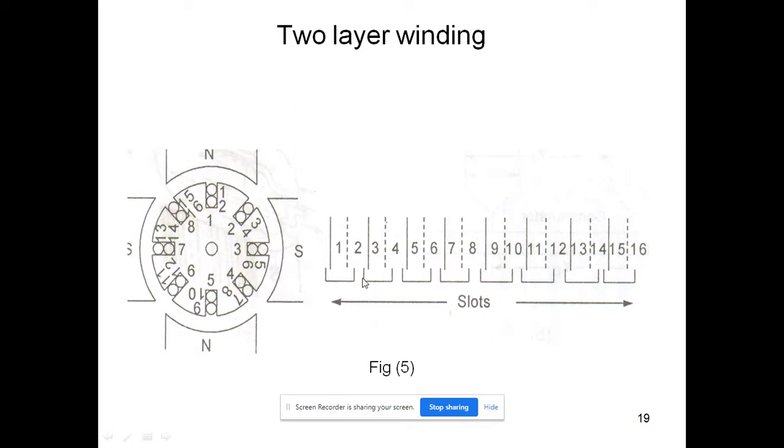You see, this is one slot, and there are two conductors. One is a thick line and the other is a dotted line. The thick line represents the topmost winding, and the dotted line indicates the bottom winding. You can observe here that in all the slots there are only two windings per slot.